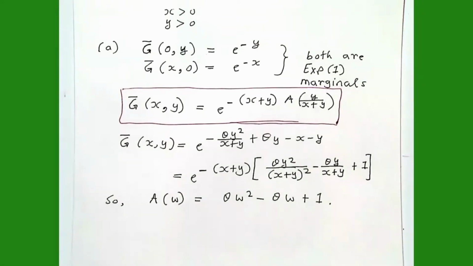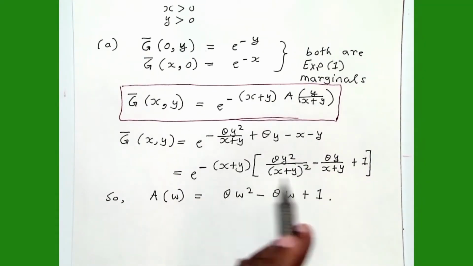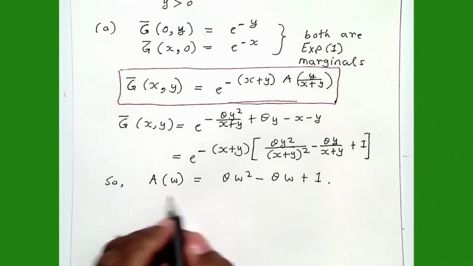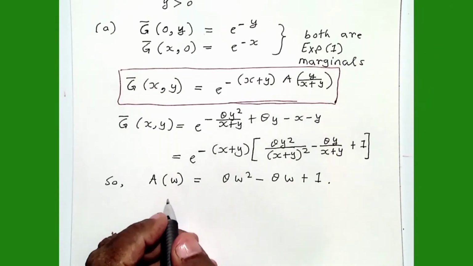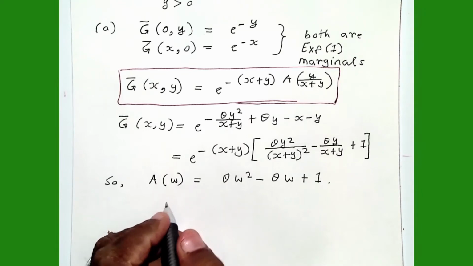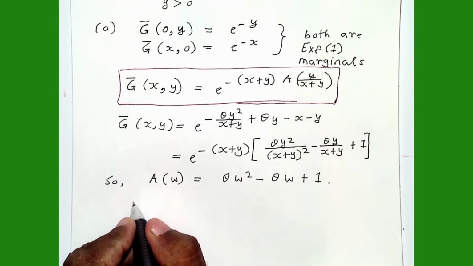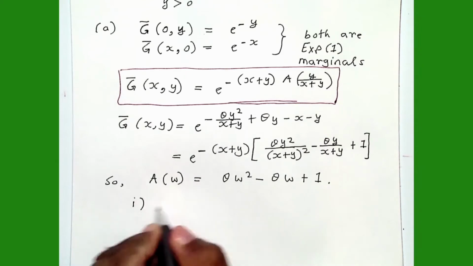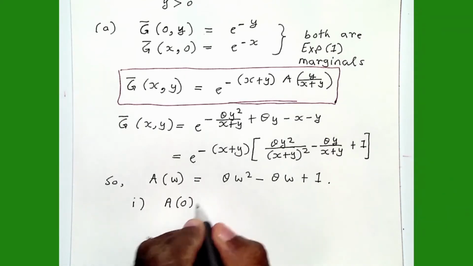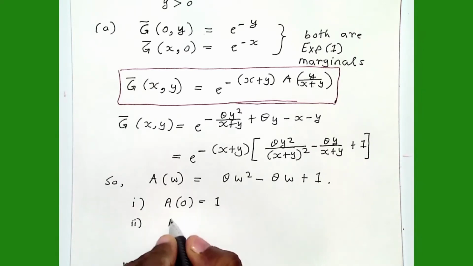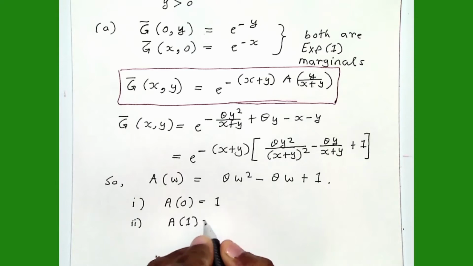In order to show that this is a bivariate extreme value distribution, we must show that this function satisfies the conditions that I listed in the video on bivariate extreme value distributions. There are 4 conditions. The first condition is that A of 0 must be 1. The second condition is that A of 1 must be 1.